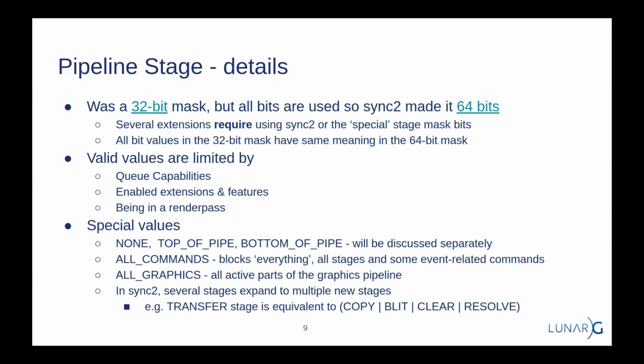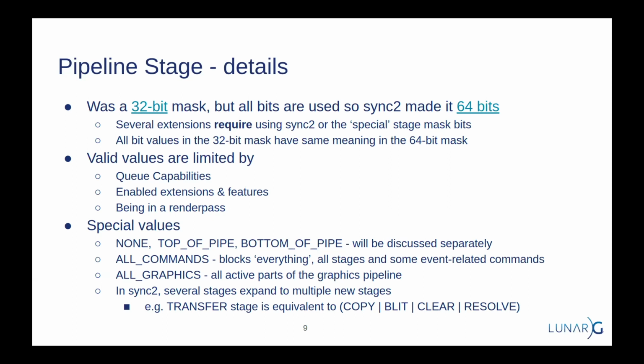Some more details about pipeline stages. In every version of Vulkan before synchronization 2, it was a 32-bit mask, and it's been extended in synchronization 2 to be 64 bits, because we're kind of out of bits to use for new extensions. I think the video extension is one of the first that ran into this. The important thing to know is that all of the bit values from the 32-bit mask have the same meaning in the 64-bit mask.